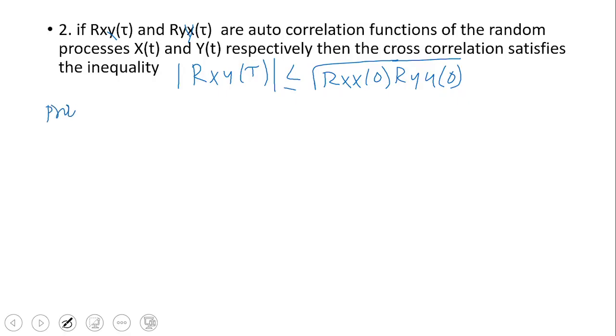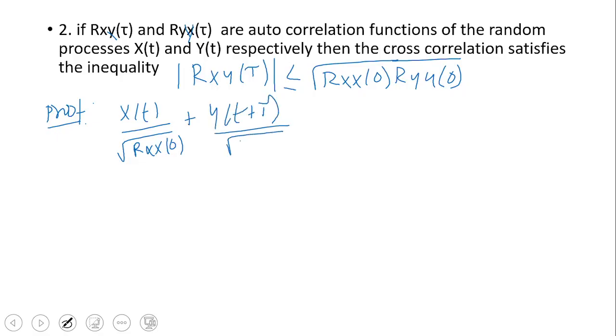So if you go for the proof of this one, whenever we are having any inequalities like that, we need to consider x of t divided by square root of r x x of 0, plus y of t plus tau divided by square root of r y y of 0, whole square.